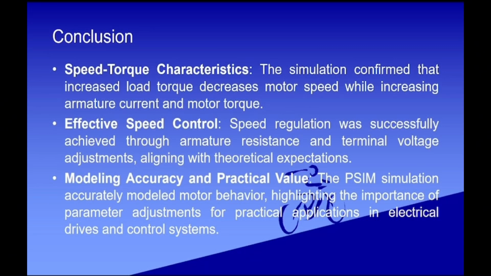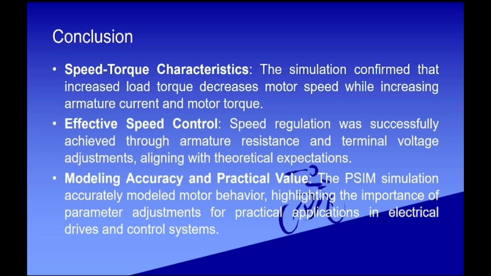In conclusion, the simulation and analysis of the DC series motor using PSIM software effectively demonstrated the motor's speed torque characteristics and speed control techniques. Regarding the speed torque characteristics, the simulation confirmed that increased load torque decreases motor speed while increasing armature current and motor torque.